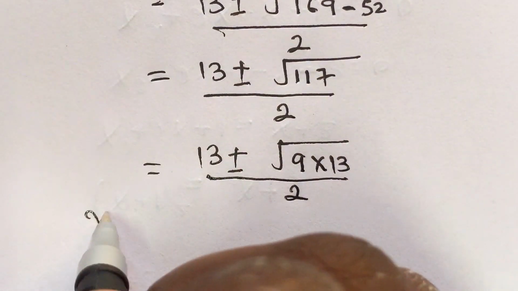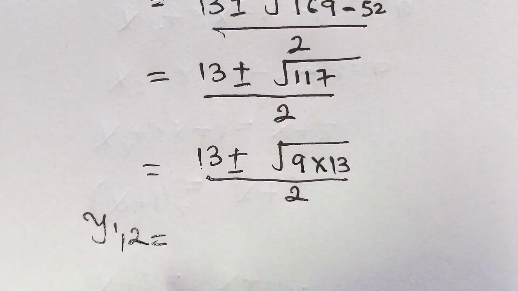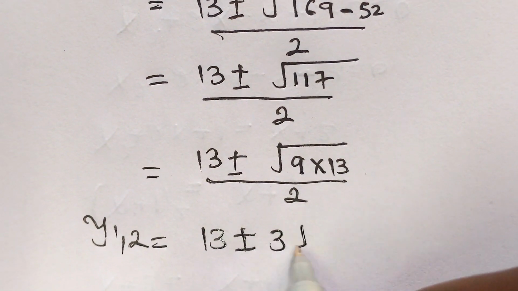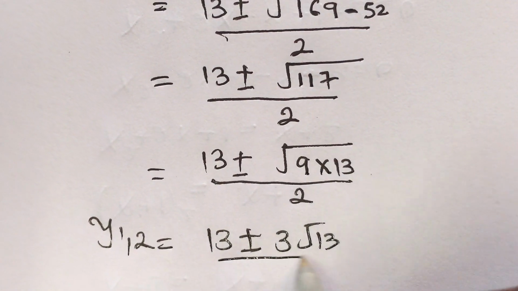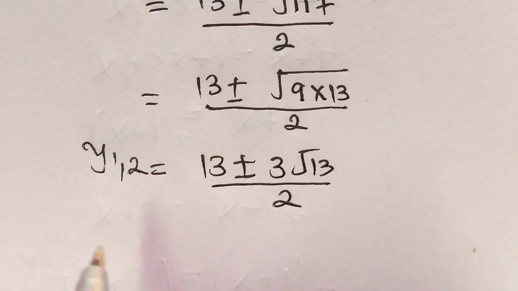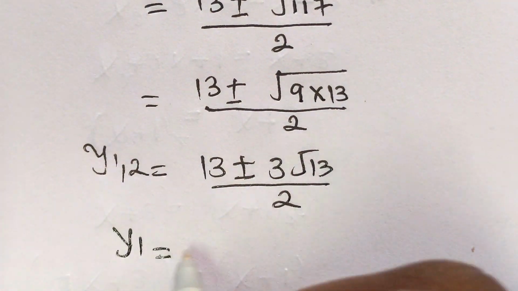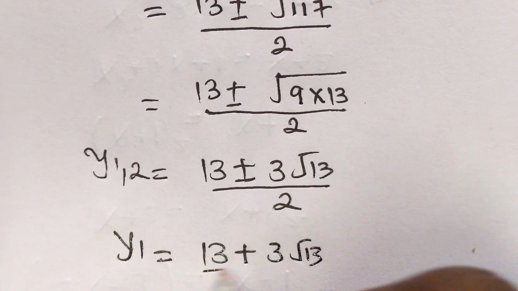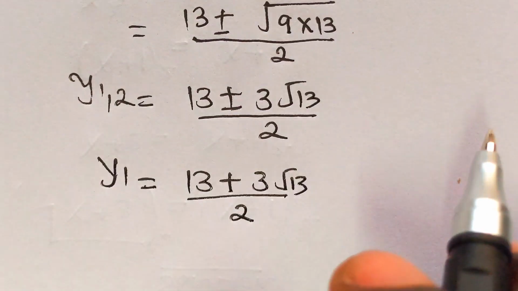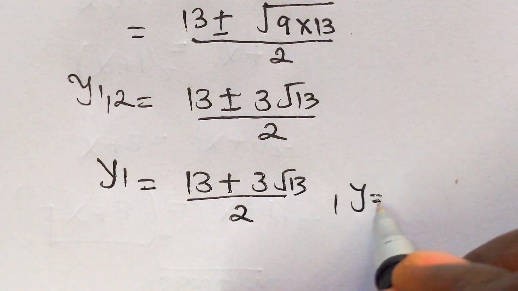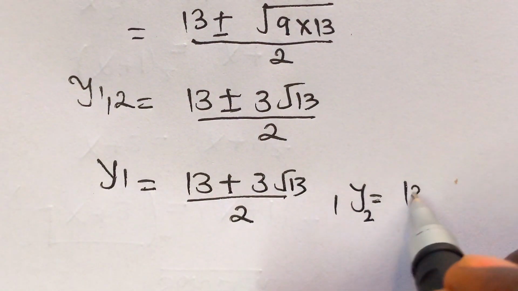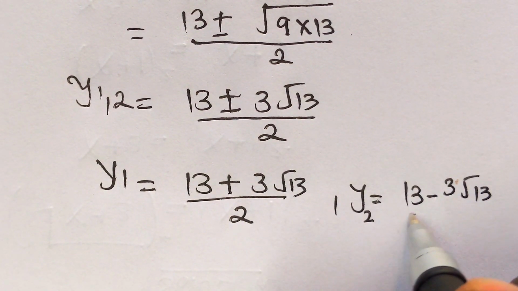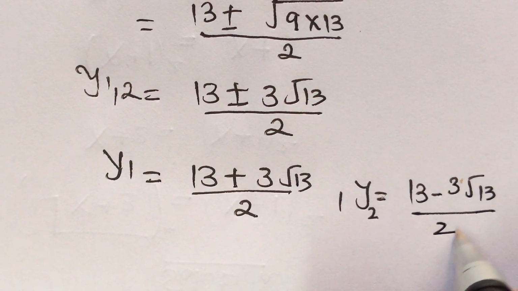Then the final answer y1 and y2 will be 13 plus or minus 3 square root of 13 over 2. And y1 only will be 13 plus 3 square root of 13 over 2, whereas y2 will be 13 minus 3 square root of 13 over 2.